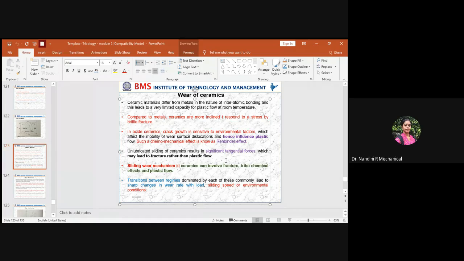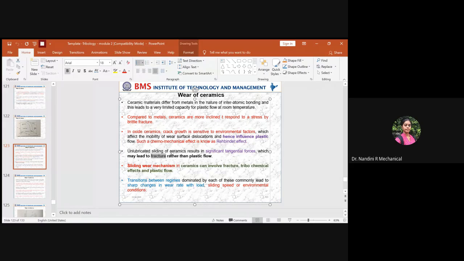You know what you mean by plastic deformation, that we understood already in our wear terminologies analysis, right? So this plastic flow is nothing but the deformation. Rather than plastic flow, here the ceramic is subjected to wear mainly due to fracture, because ceramics are brittle in nature. So this helps in easily leading to fracture rather than plastic deformation.